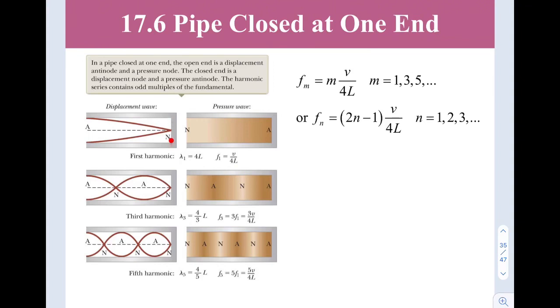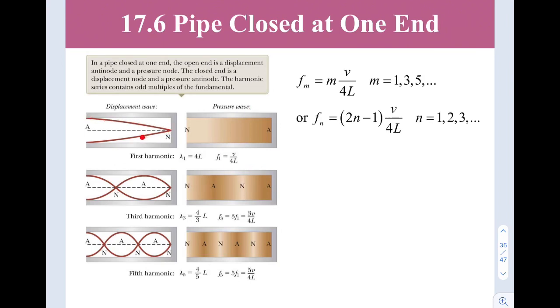If it is closed at one end, the fixed end here, in terms of displacement, is going to be a node. No displacement wave is allowed here. In terms of pressure wave, it's going to be an antinode, because this should be the maximum pressure wave. At the open end here, the displacement wave is going to be an antinode, but for the pressure wave, it's going to be the opposite, which is a node for the pressure wave, right?